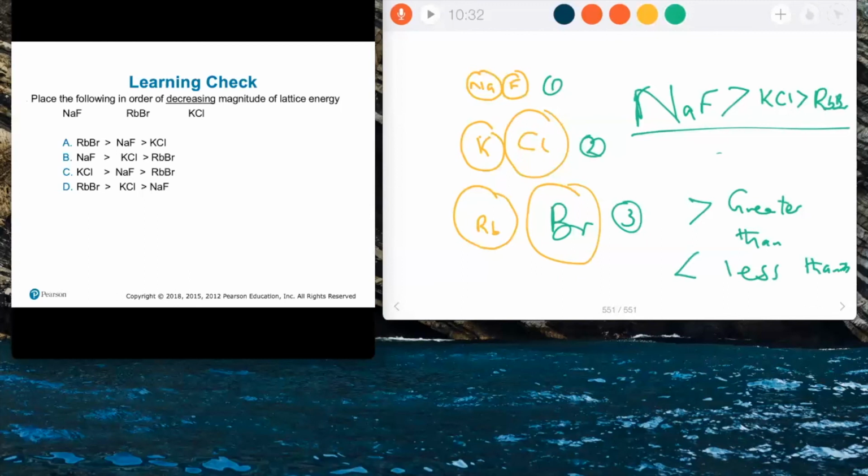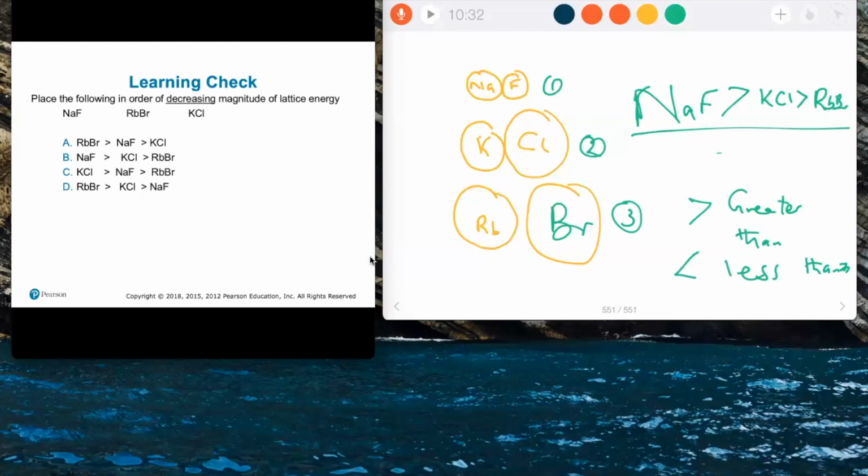So if we are to increase that, the correct answer is from the most energetic, with the high energy, sodium fluoride, to rubidium fluoride, sodium fluoride to rubidium fluoride.